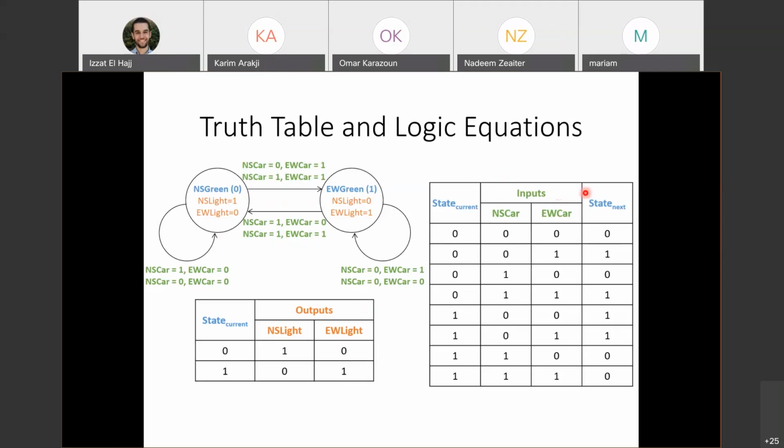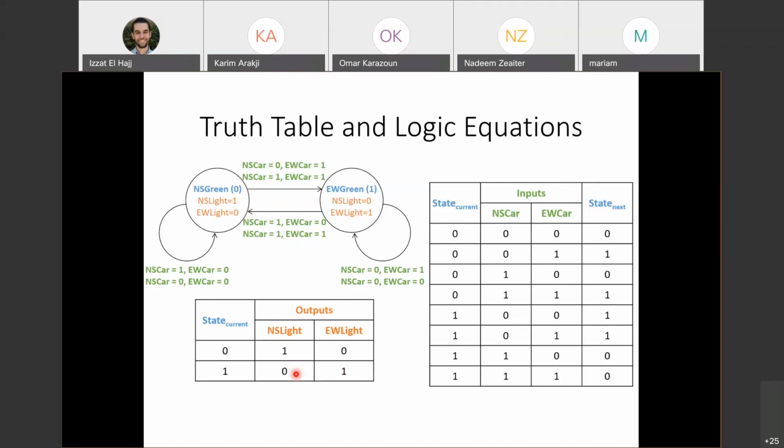Here in this truth table, our inputs are the current state, north-south car, and east-west car, and our output is going to be the next state. So the next state function does depend on the input. What doesn't depend on the input is my output function, which is this truth table over here. In my output function, if I am in the east-west green state, then my east-west light is going to be 1, my north-south light is going to be 0, and that's going to be the case for the entire clock cycle, regardless of what my input is.